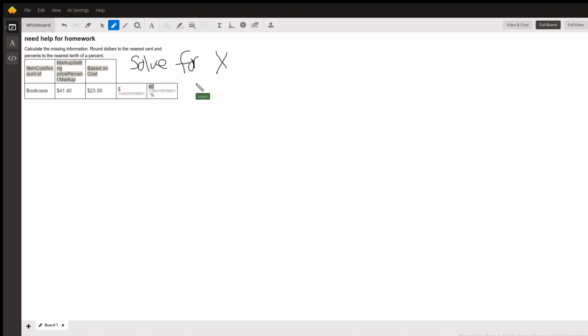So you subtract 2350 from 4140. I'm going to do that on my calculator real fast. 41.4 minus 23.5 equals 17.9. So 17.9 equals 4140 minus 2350.